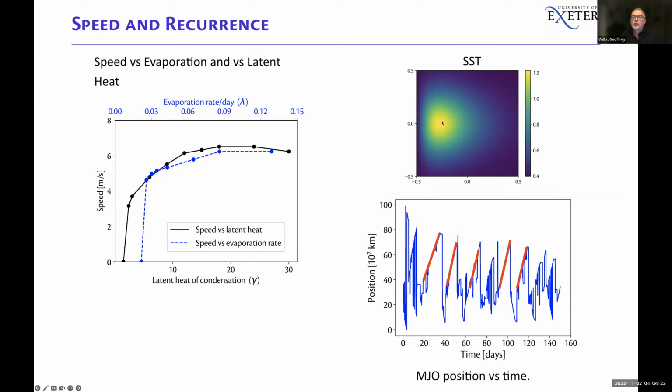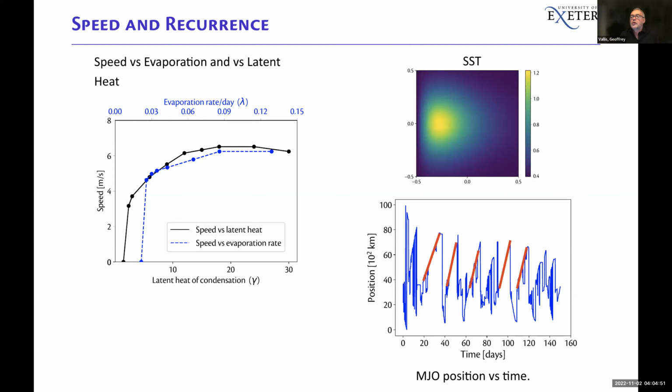Because it's warm there, that's where all the evaporation occurs, right here. And then the disturbance moves off eastwards, and then it dies out here. Now, after a certain amount of time has passed, a new one will emerge here, and then the whole process starts all over again.